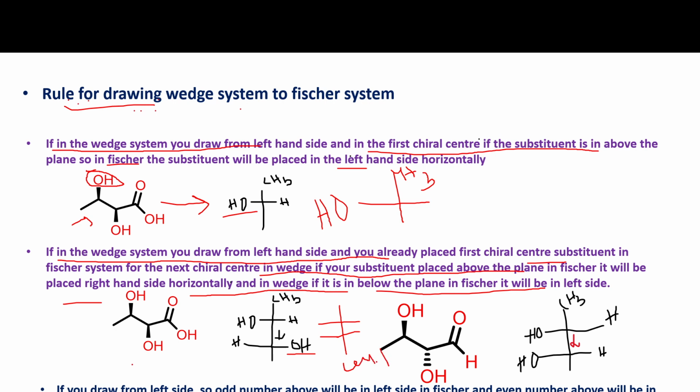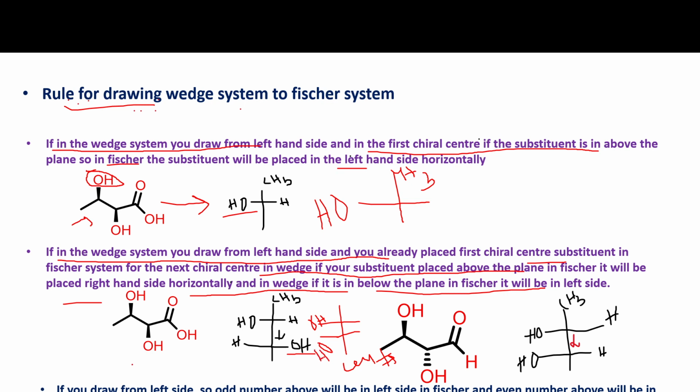What I am telling is that the above one will start from this direction. The odd carbon, if it is above, will be on the left side, and the even carbon, if it is above, will be on the right hand side. If it is below, it will be on the left hand side.